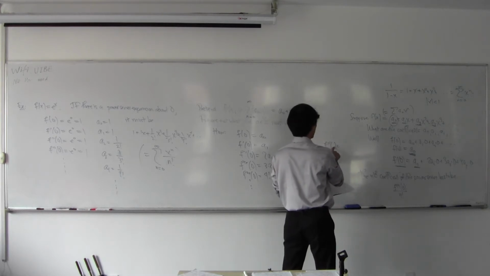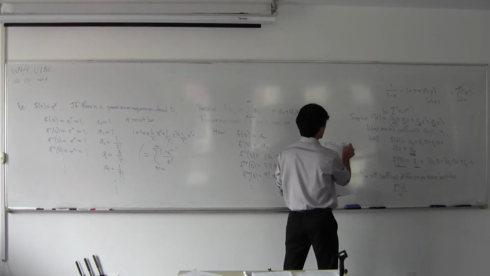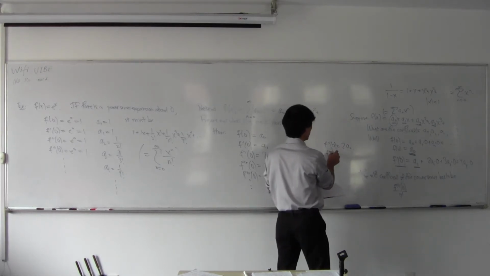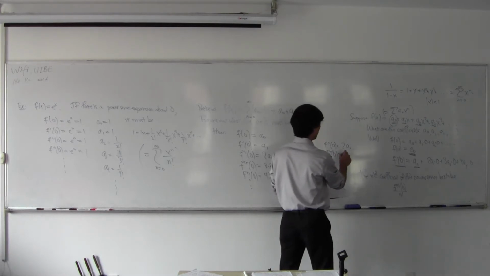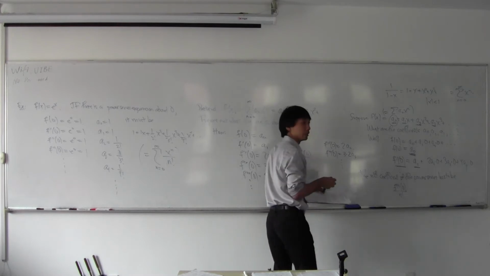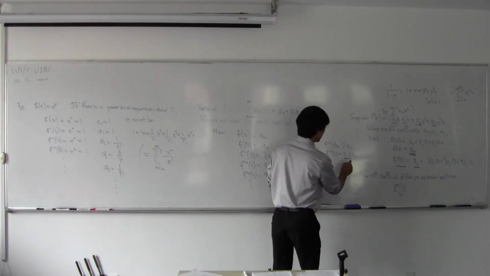If we take the second derivative and evaluate it at 0, we're going to get 2a2. If we take the third derivative and evaluate it at 0, we're going to get 3 times 2a3, etc. So the factorial starts showing up. This is 3 factorial.